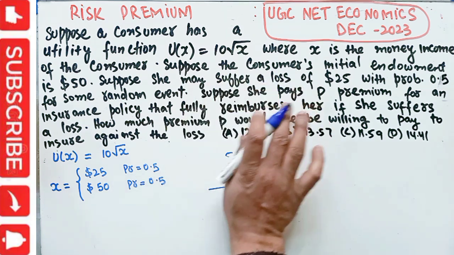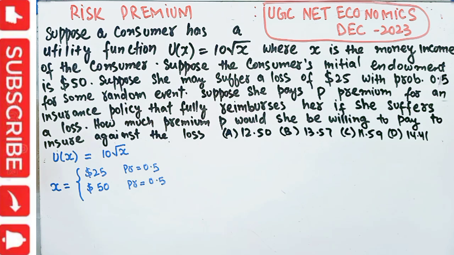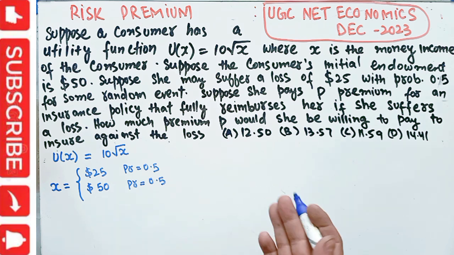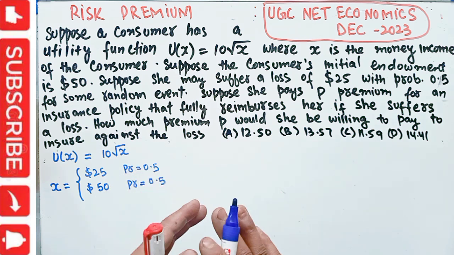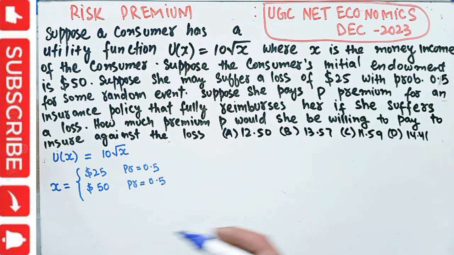Okay, we need to find out how much premium should she pay to compensate for any loss, that is the loss of $25 here. For that, what will we do? First step will be, we will find out the expected utility without insurance. If she does not buy an insurance, what is the expected utility?